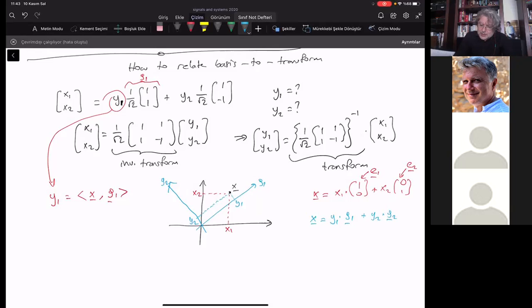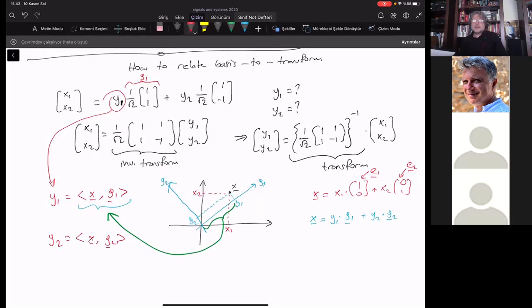So what is y1? It is the projection of x onto g1. That projection operator here is essentially giving me this magnitude. And similarly, y2 is equal to the inner product of x with g2.